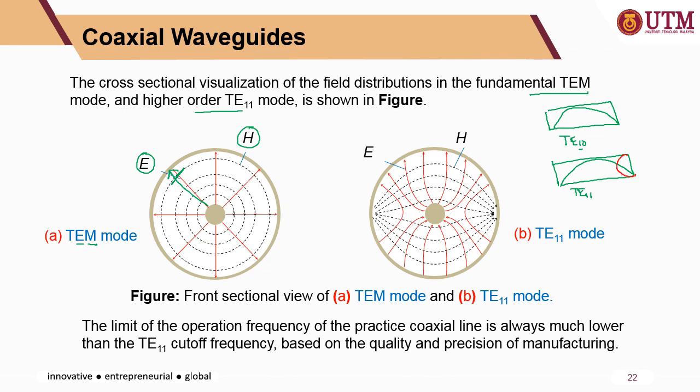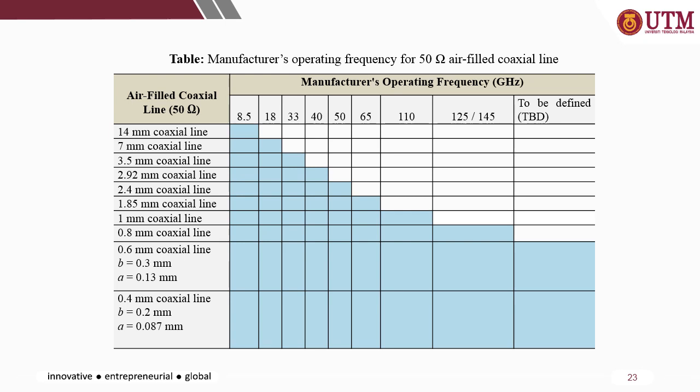So that's why when you look at figure B, that cross section, there's a crossing between the E and the H field. This is the manufacturer's operating frequency for a 50 ohm matched air-filled coaxial line. So the dielectric here, the separator between the inner and outer conductor, is air.